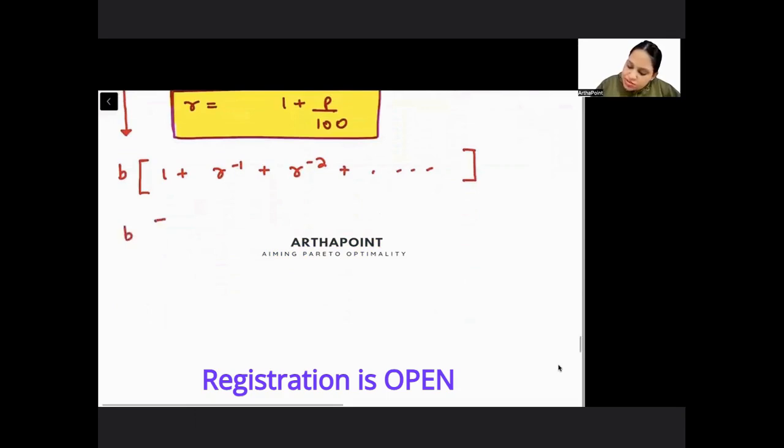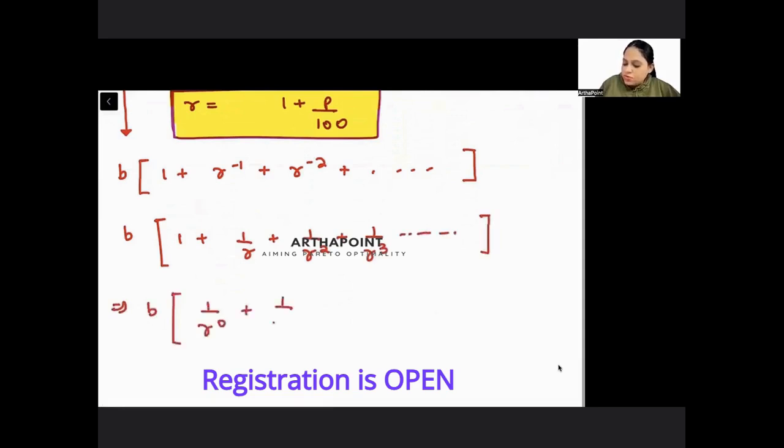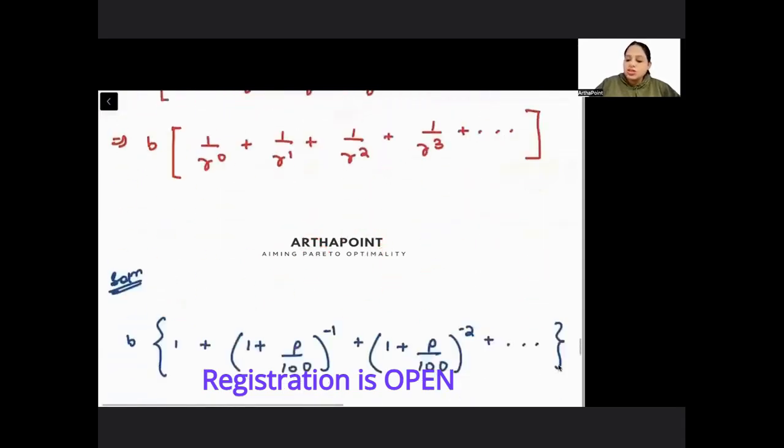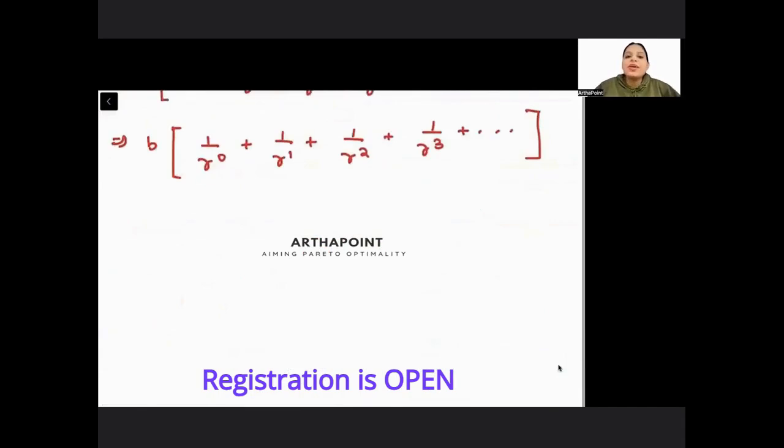So it can be written as B 1 plus 1 by R, 1 by R square, 1 by R cube, and this B 1 by R to the power 0, this.